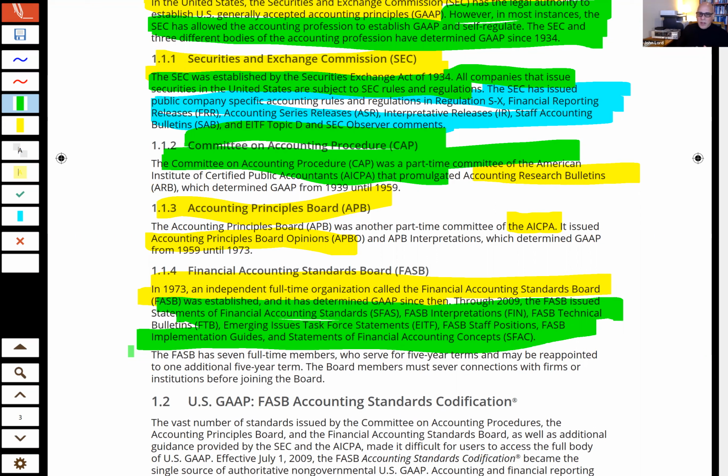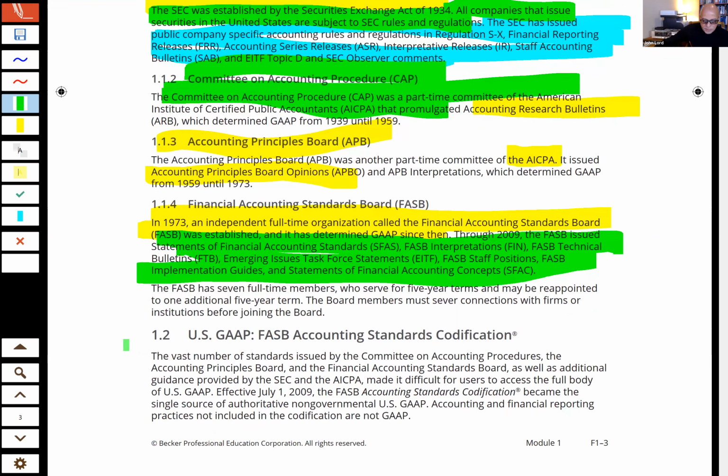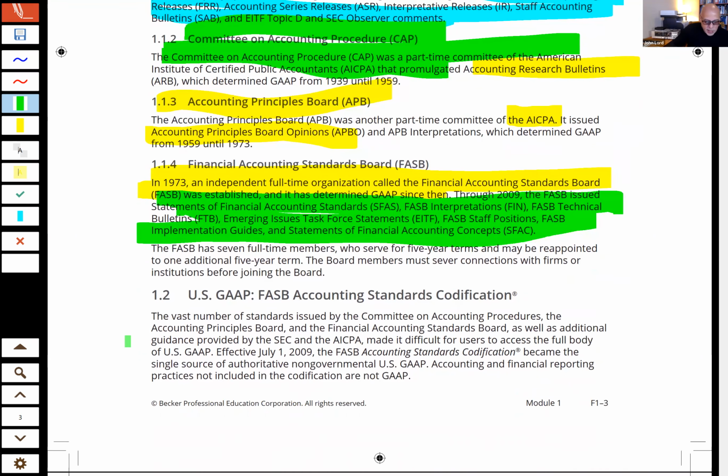And I don't care about those different standards because in 2009, the FASB created the codification. What the codification did was take all of the different standards and list them by topic.